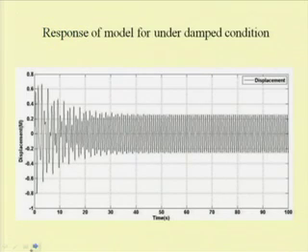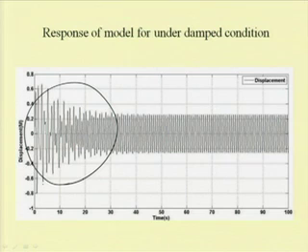So, let us see this. For an underdamped case, one can see the initial part, which represents the transient part of the response. It varies with the initial condition and decreases, and finally it approaches a steady state response.